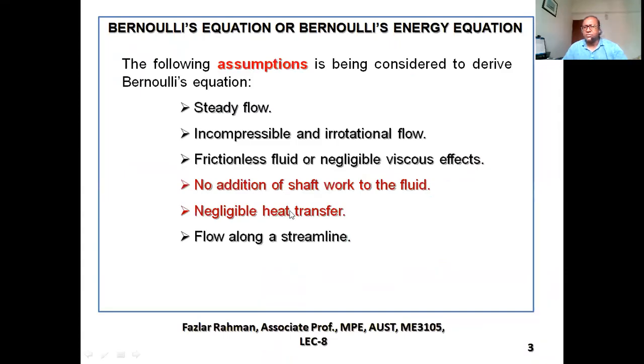Those are the assumptions. The main assumption: we consider a cylindrical fluid element flowing along a streamline, right? Then the other assumptions: the flow is steady, incompressible, irrotational, with no friction or viscosity in the fluid, no heat transfer to the fluid, no heat taken out from the fluid, and no additional shaft work to the fluid or by the fluid.